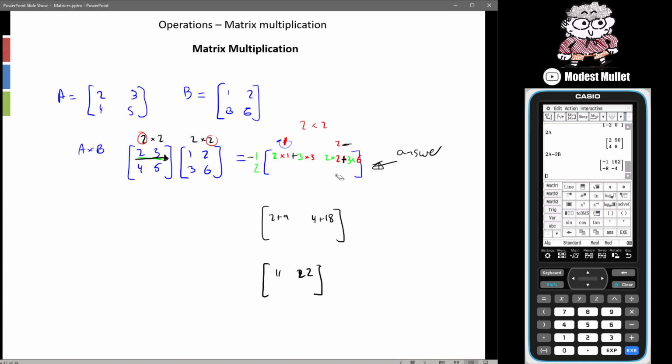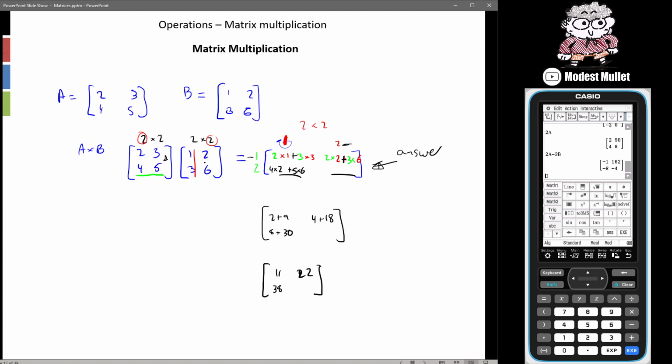And then we just keep repeating this process over and over. So we'll do the bottom left. So here we can see I now need to use row 2, and then I'm going back to column 1. So I'm going to get 4 by 2 plus 5 by 6. So that becomes 8 plus 30, so I'm going to get 38.